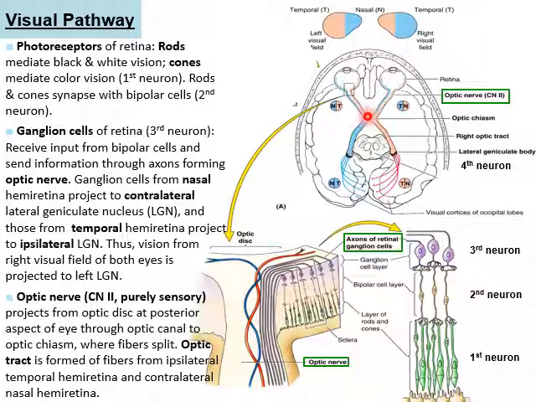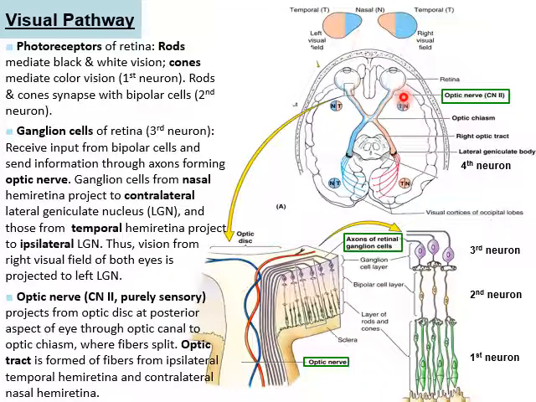So this point of crossing is very important. As you will see, the fibers that are coming from the temporal retina stay in the same ipsilateral side. But the fibers that come from the nasal hemiretina cross to the opposite side.